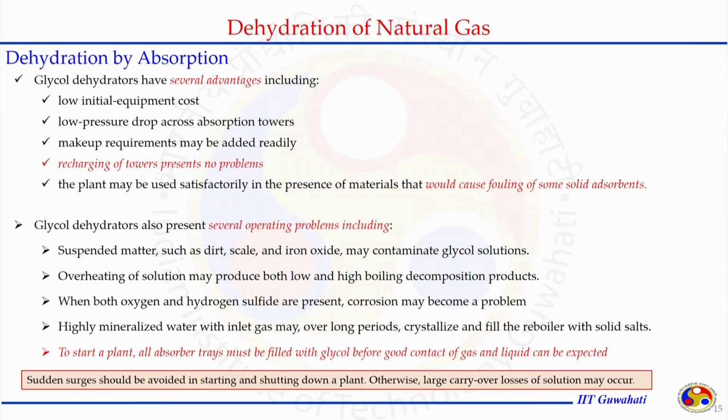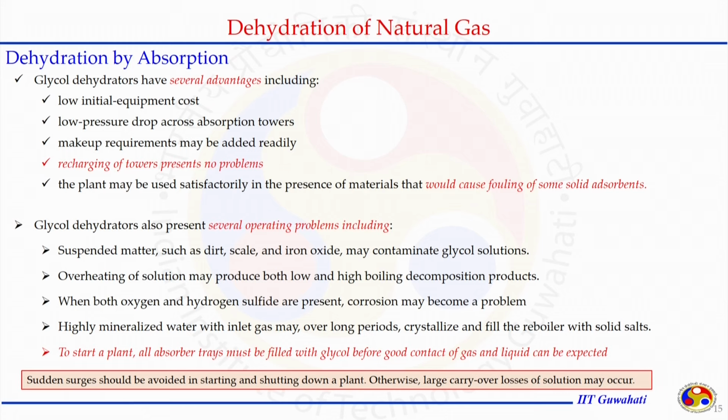If we specifically talk about the absorption advantage, the glycol dehydrator, considering glycol as a liquid desiccant to perform the absorption process, offers several advantages like low initial equipment cost, low pressure drop across the absorption tower, and makeup that may be added easily for the glycol that may get vaporized over time if the temperature is high, or that may be lost a little in the flash separator or elsewhere.